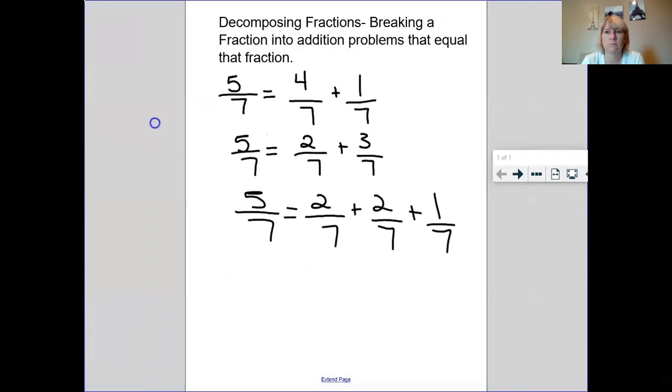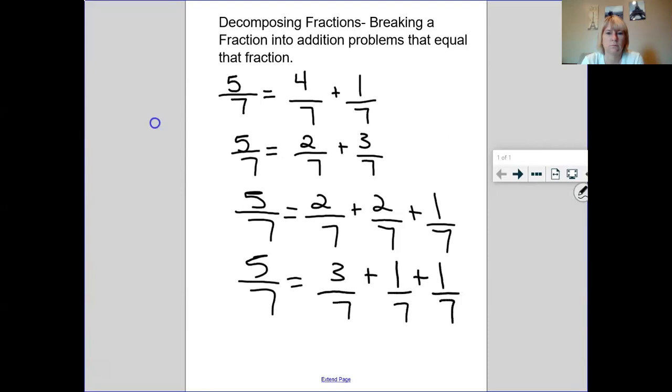Can I think of another one? Well, yes, I think I can. What about 3 plus 1 plus 1? Does that equal 5? Yes, it does. So now all I've got to do is put my denominator of 7 on the bottom.